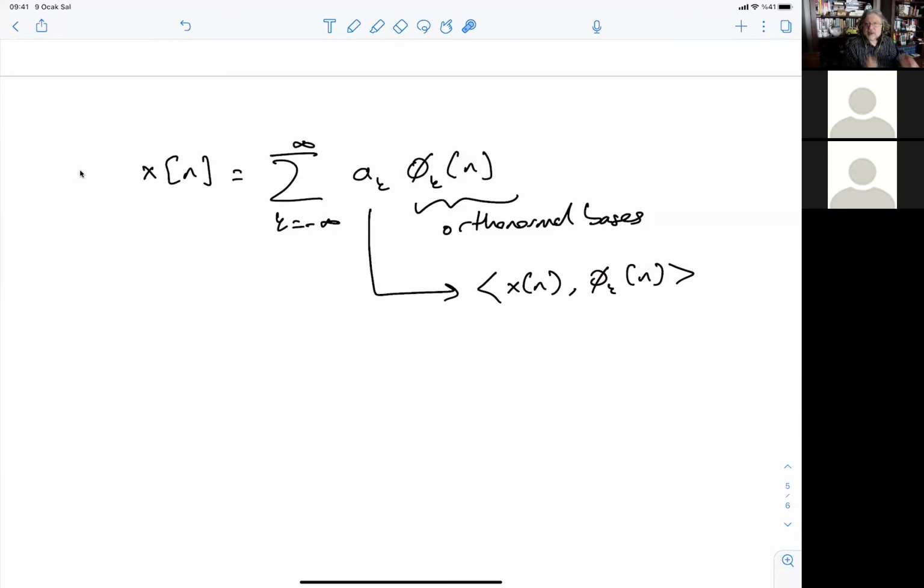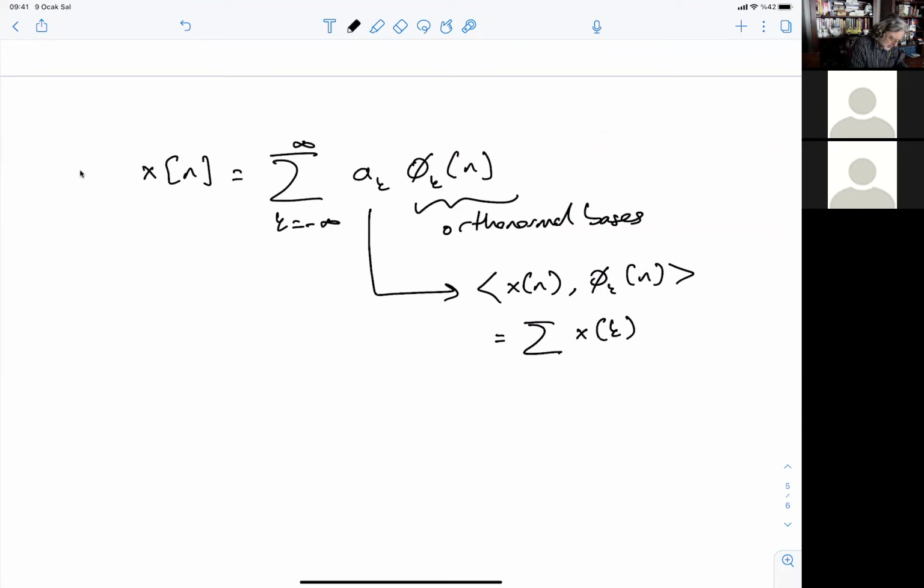It's like term by term multiplying the elements. Consider a vector and another vector. What's the inner product of two vectors? It corresponds to the summation of term by term multiplication. So you term by term multiply and then sum them up. So this inner product is essentially term by term multiplication of x[n].